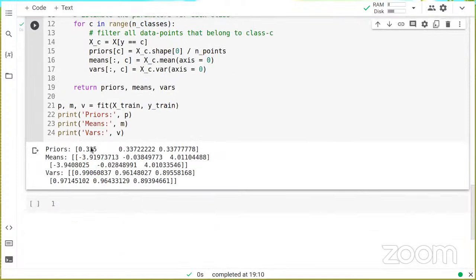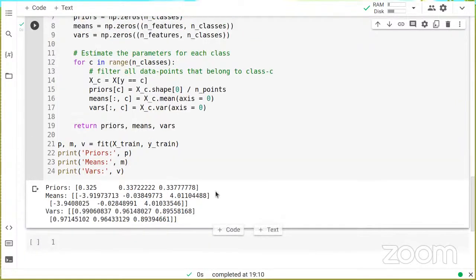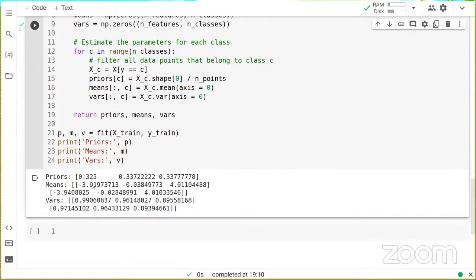Priors are okay, and if you look at the means, it's not too bad. Remember that the means are supposed to be -4, -4, 0, 0, and 4, 4. Even the variances do not seem to be all that bad. So I seem to be getting the means and variances correctly.